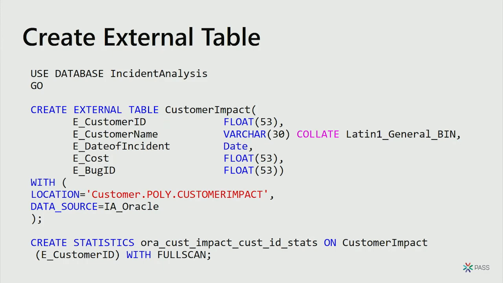With most other databases, you only have two here because Oracle's kind of unique with the way it uses its instance ID. And again, you reference your data source, which you just created. Once you've created those external tables, then you create statistics on it, so that SQL Server can query it in a quicker manner.